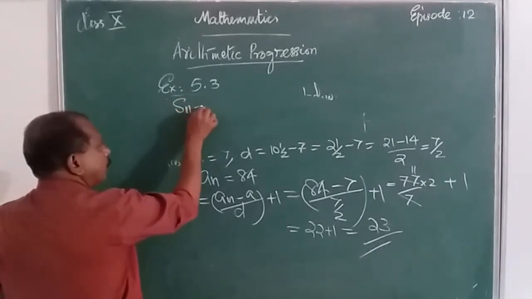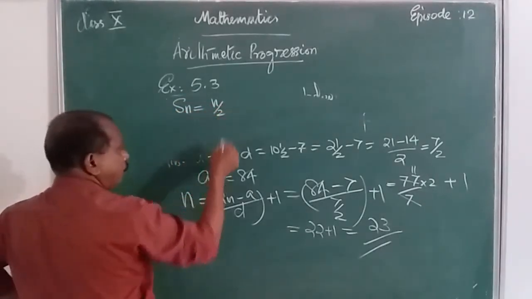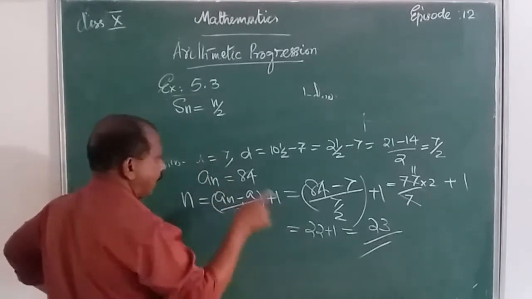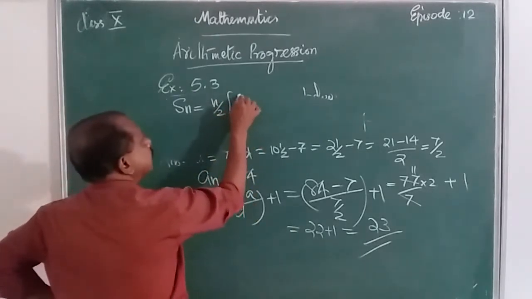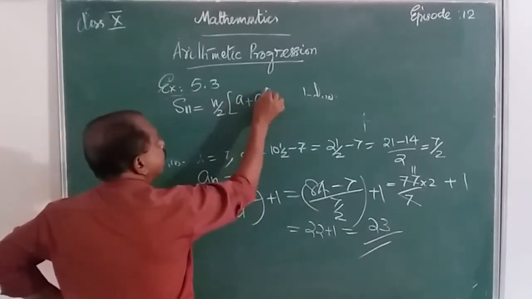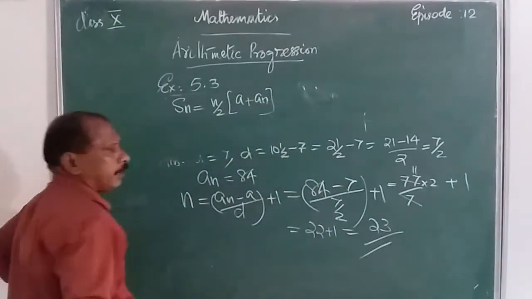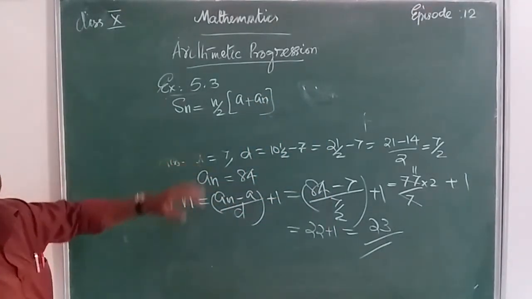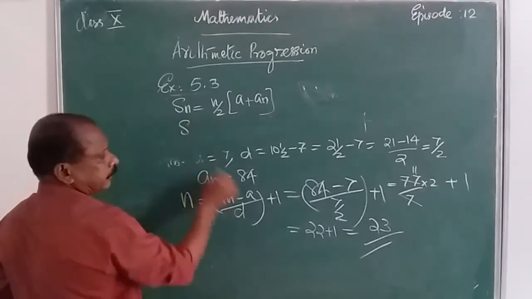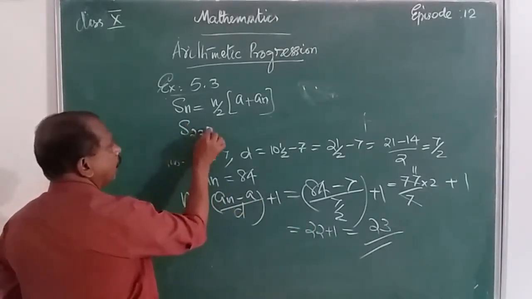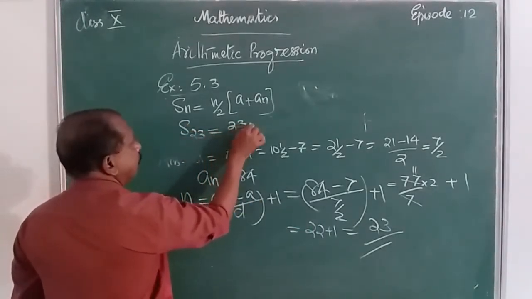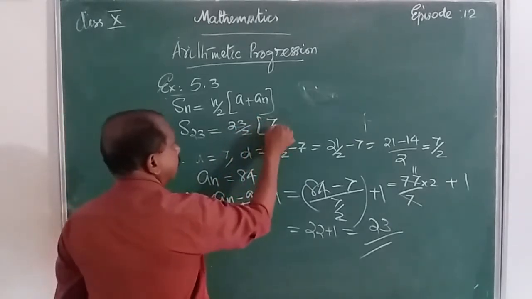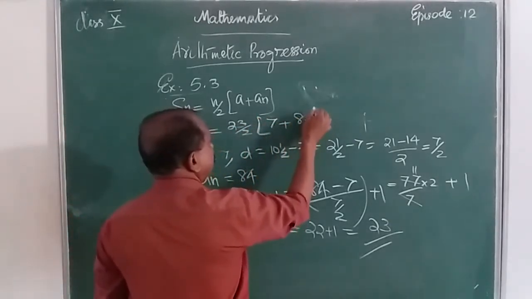Then Sn is equal to n by 2. First and the last terms are given. It is a plus an. That is simple because we cannot find out the d, so directly we can find out the sum. That is S23 is equal to 23 by 2 into a, that is 7, plus last term 84.